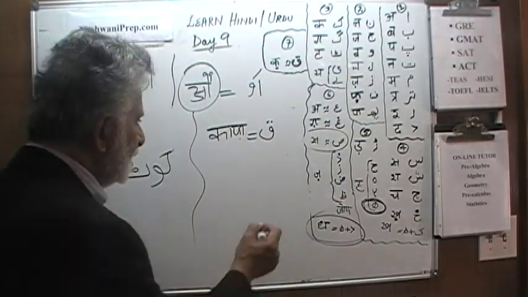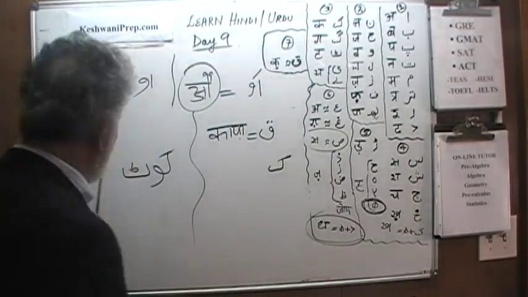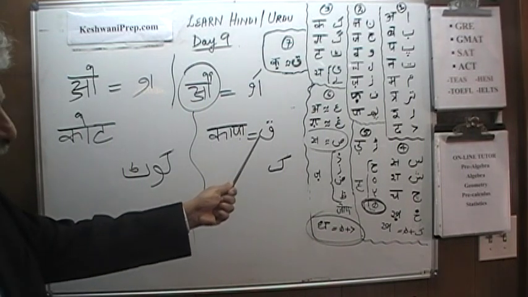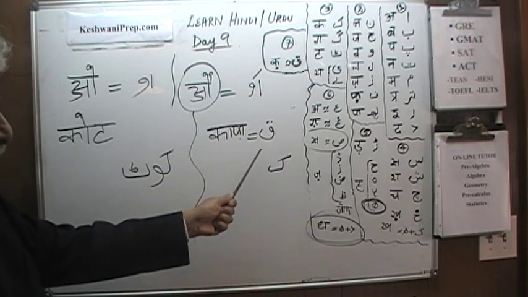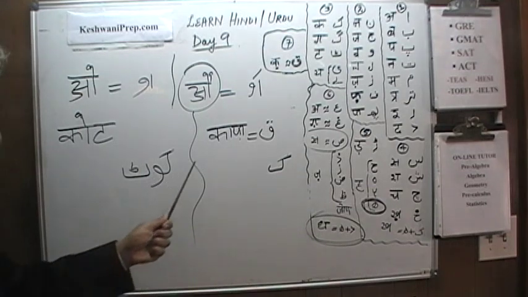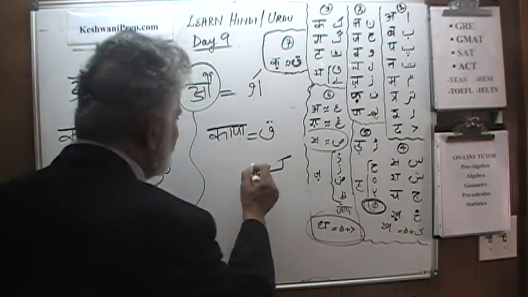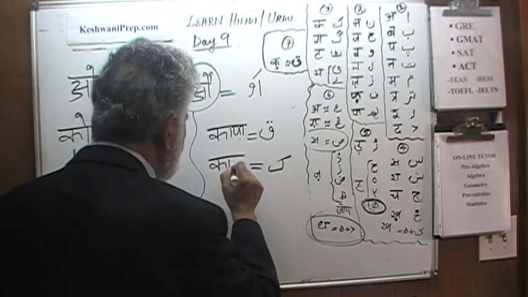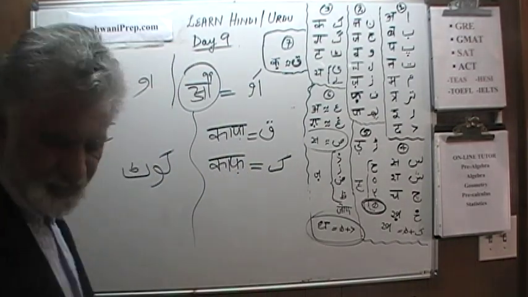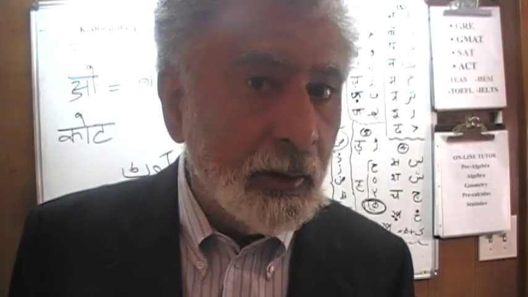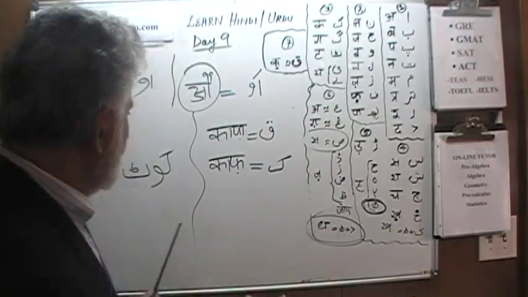Kaf, as opposed to this kaf, like we used here. That's a k. That's also a k. But the word that we're about to write calls for this k, not that k. If you spell it with this k, it would be wrong spelling. They're both called kaf. One is k and one is k. Do you understand?